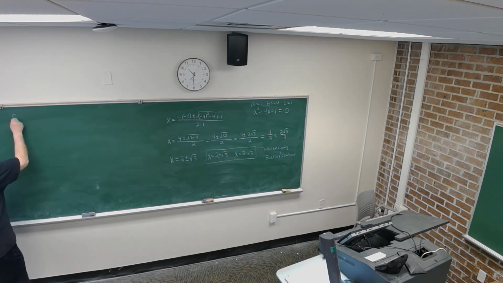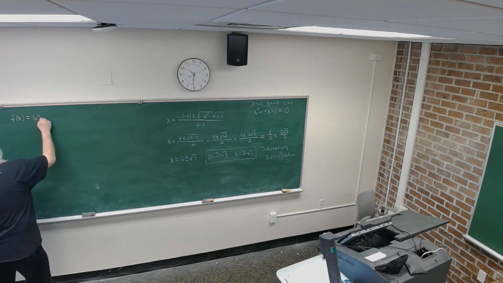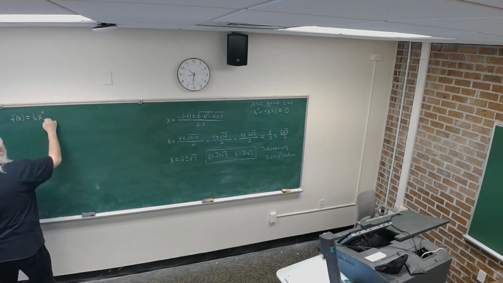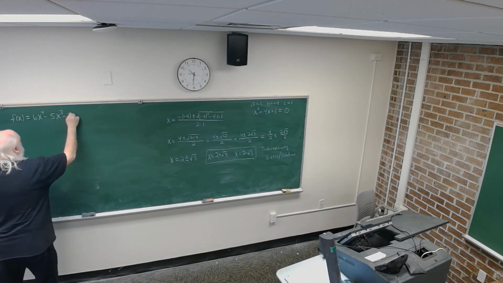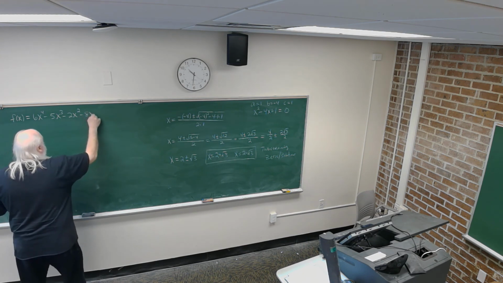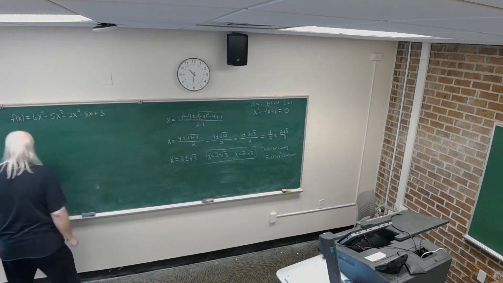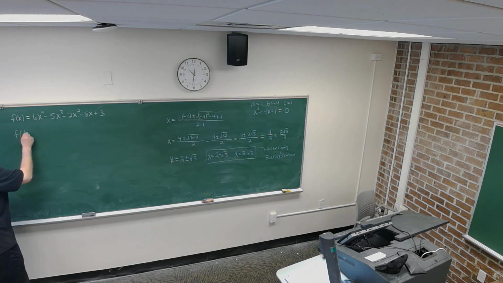So we have f of x is equal to 6x to the 4th minus 5x cubed minus 2x squared minus 8x plus 3. And to verify that x equals 1/3 is a zero, you evaluate the function at x equals 1/3.